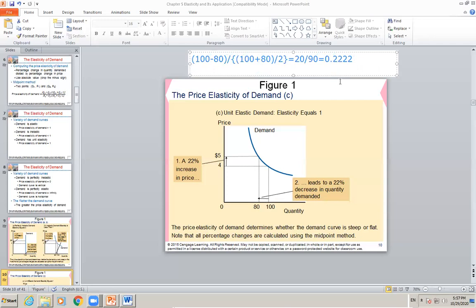And we have 5 minus 4, like P2 minus P1. It should be in brackets. And this all divided by 5 plus 4 divided by 2, closing bracket, and it's equal to 1 divided by 4.5.